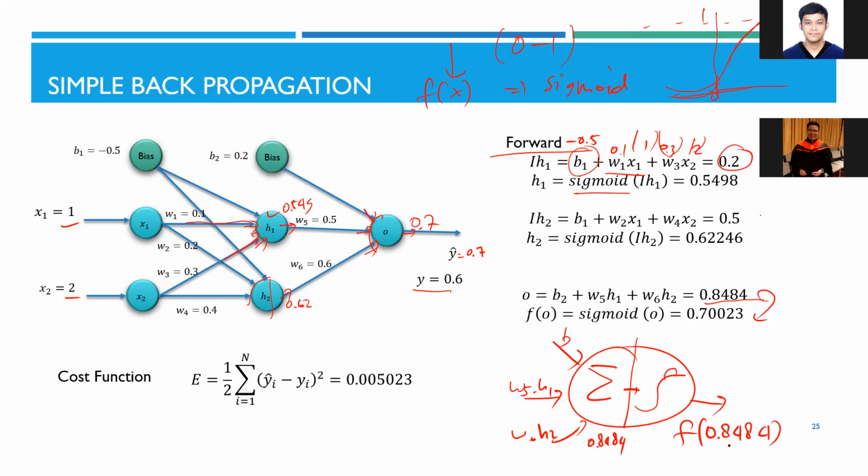If we put this number into the sigmoid function, the result will be 0.70023. Why do we have to put it in the sigmoid? Because sigmoid is the activation function.